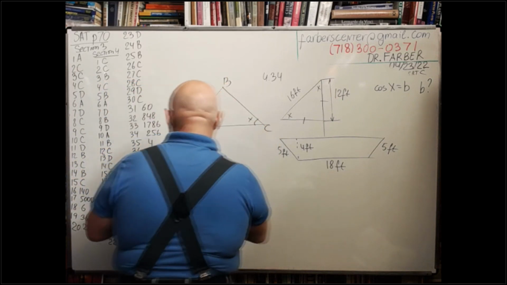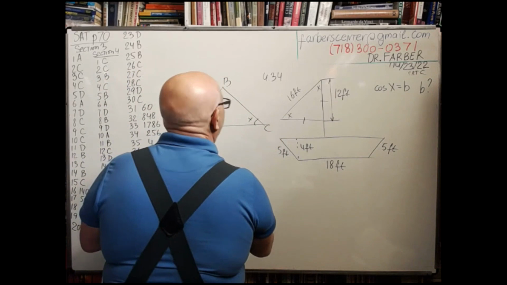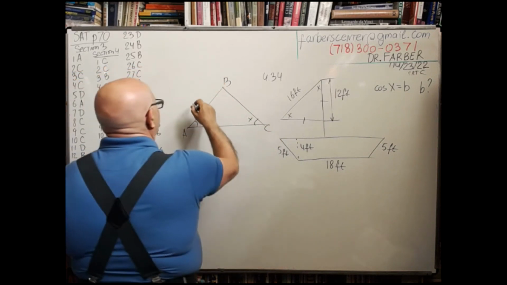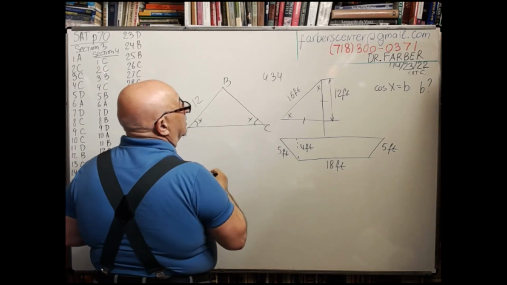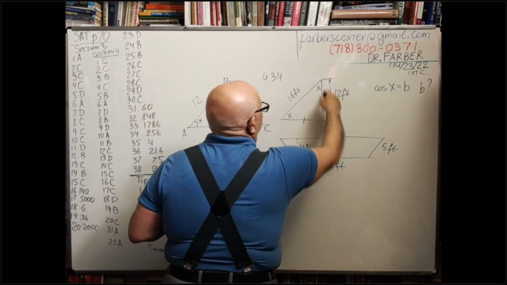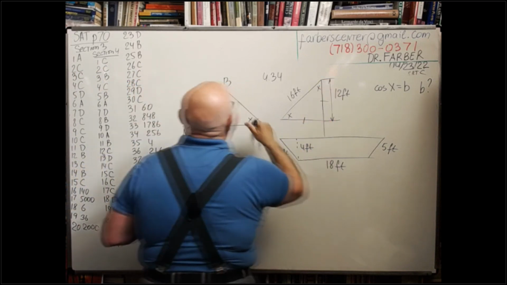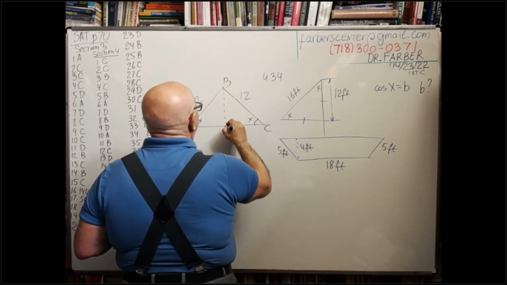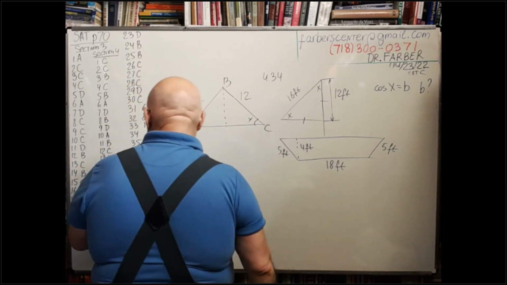What else do we know from this? Okay. We know that each of these sides is 12, since in an isosceles triangle the sides are the same. I can draw a perpendicular.